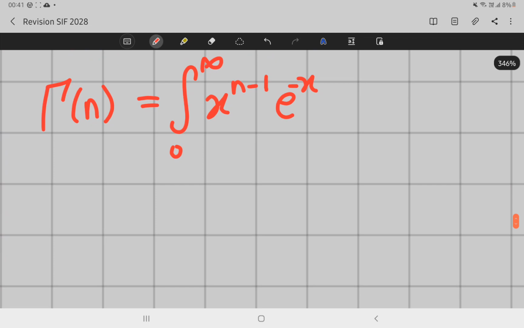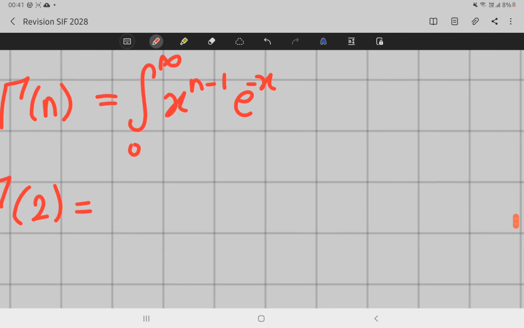For example, if we want to find gamma of 2, this is the integral from 0 to infinity, with n equals 2, of x to the power of 1 times e to the minus x dx.